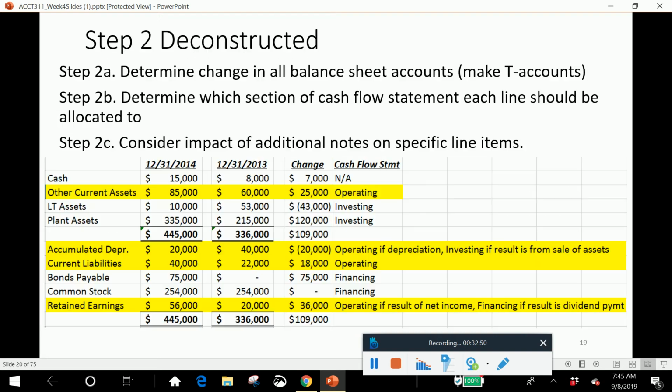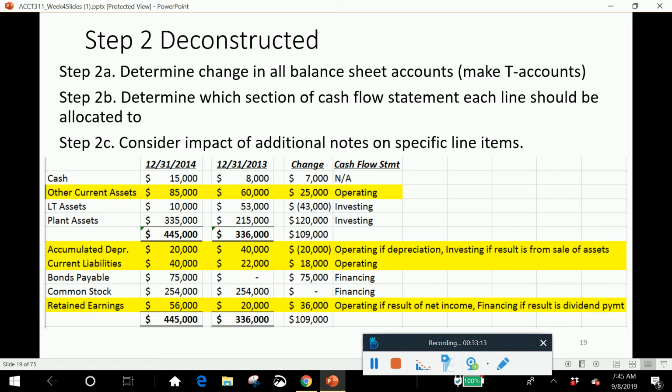Now, if we go back to the lines that we highlighted in yellow, other current assets. Other current assets increased $25,000. Think of other current assets as prepaids or supplies, right? How does that balance go up? That balance goes up when we buy supplies that we're going to use over time.